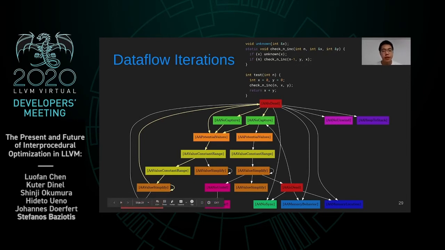So in the test function, the attributor is given that x and y are initially 0, and based on that information, the attributor can safely conclude that the potentially escaping use of x in the check and inc function is dead, and so no uses write x. Then it will conclude that x is 0. So that's y, and the return value is then simplified to 0.